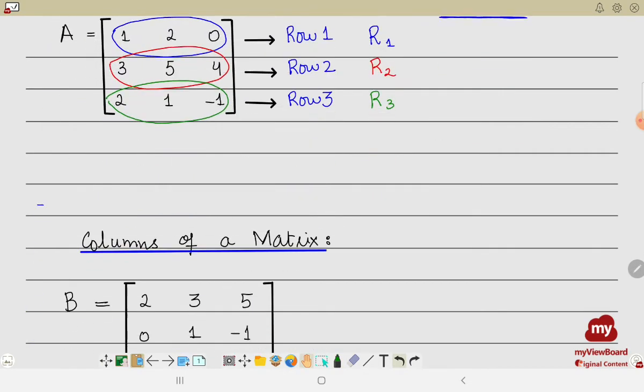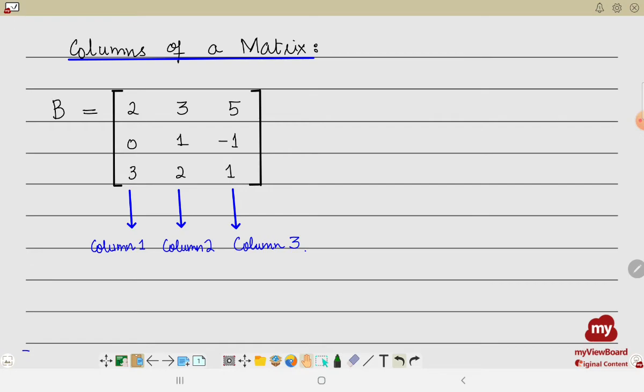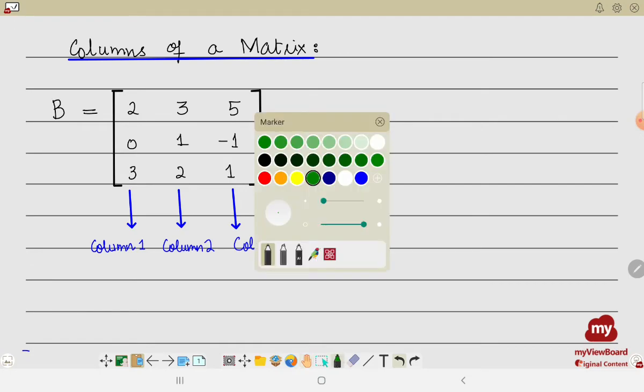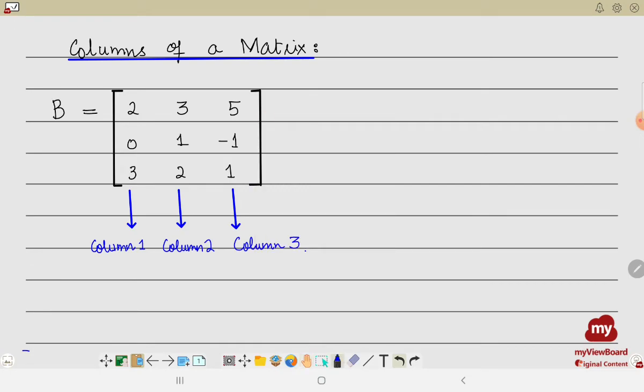Let's move forward with the other component of a matrix, which is called the column of a matrix. The numbers or the entries presented in vertical way are called columns. So if I highlight the first column, this is the column 1, like C1. Vertical line means the standing line, right?